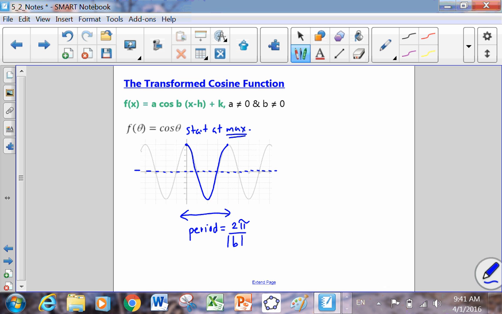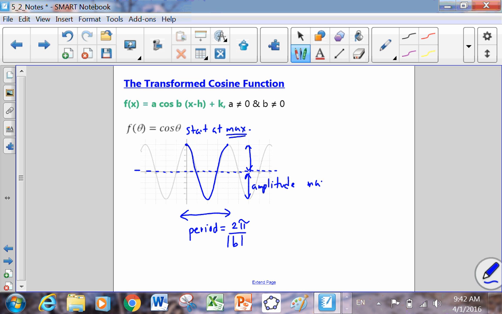Sebastien? Focus. Where is the amplitude? It's from the dotted line to the maximum, or can it be at the bottom too? Yeah, it can also be this. The amplitude. How can we figure it out if we don't have the graph?